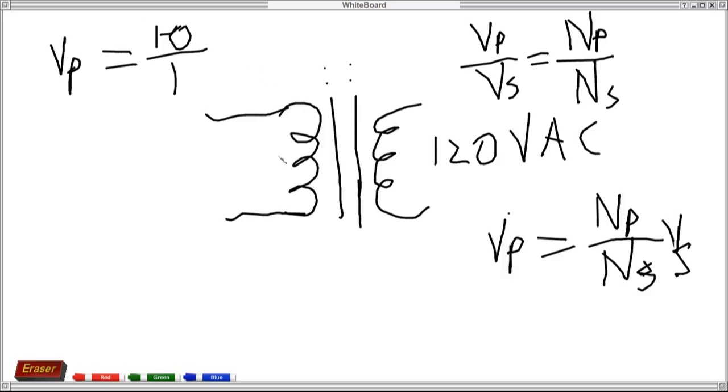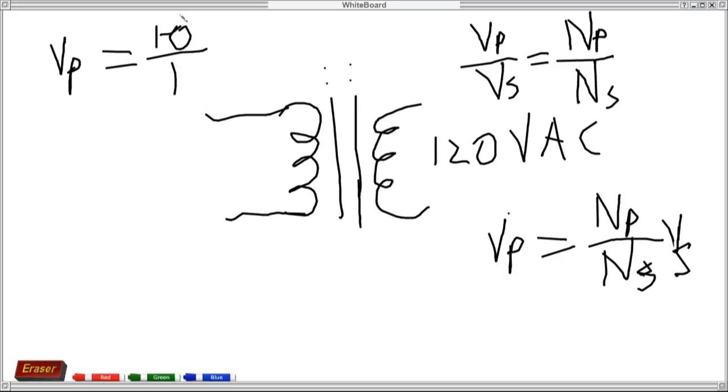What this means doesn't necessarily mean that you have 10 turns here and 1 turn here. Even though you could do that, it wouldn't be effective because it's likely to burn out, depending on the thickness of the wire, the length, and the thickness of the core you're inducing through.